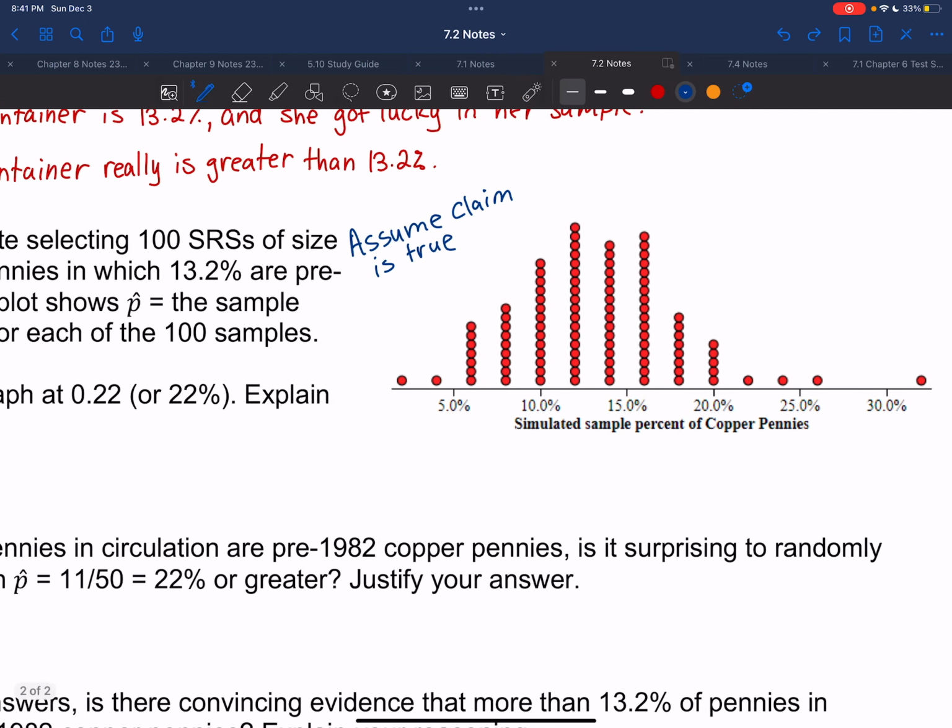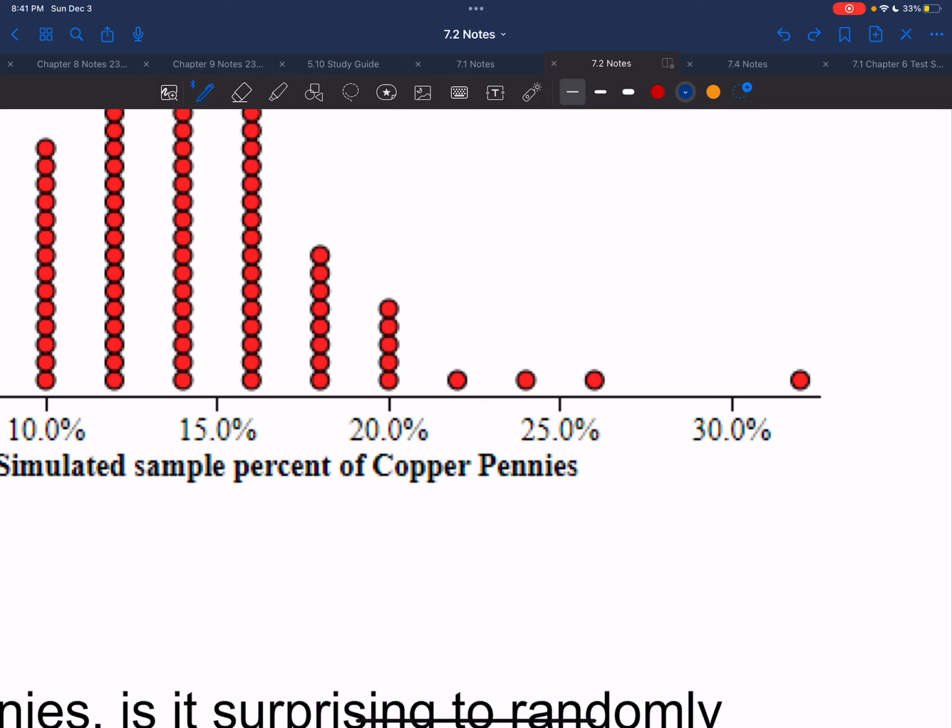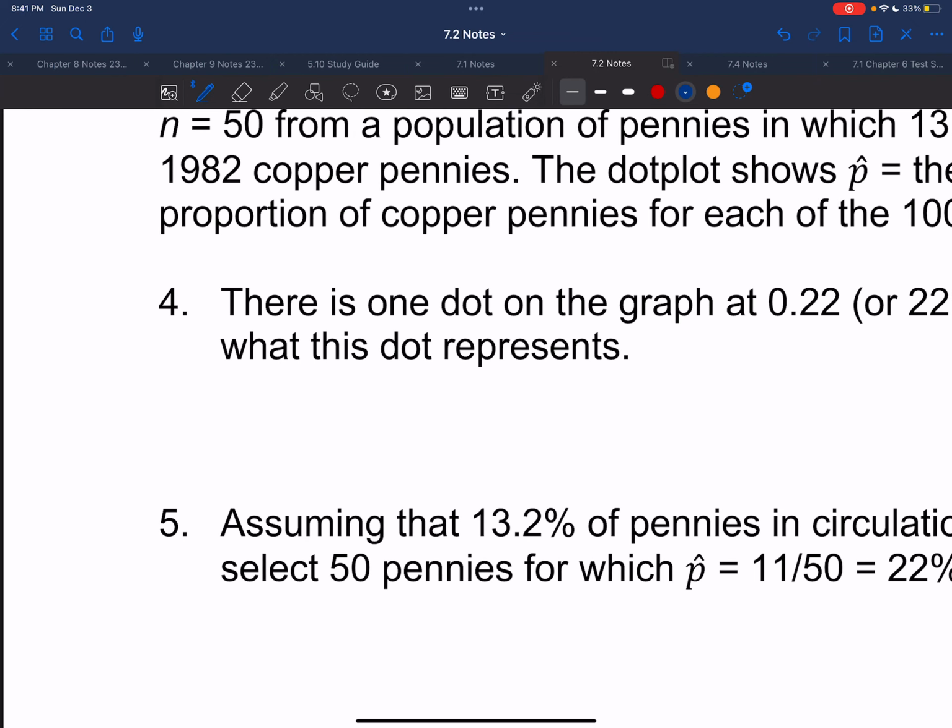So Jenna's result was right here. This was Jenna's result. That's what she got in her sample, right? And it's asking us, what does that dot represent?